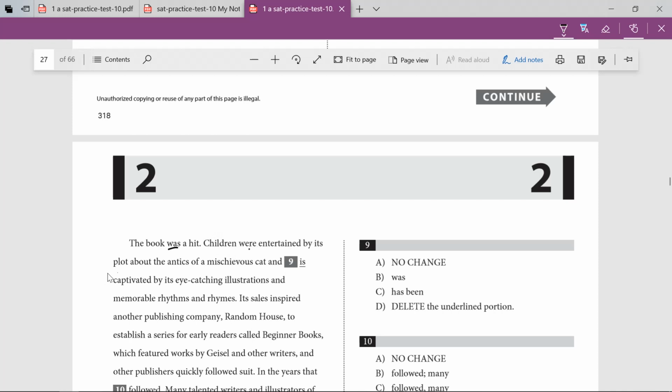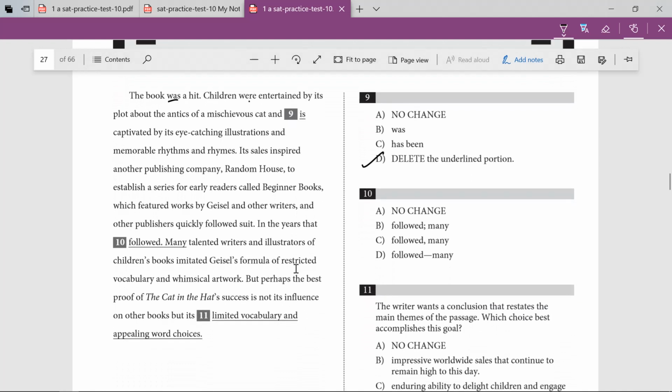They were entertained by its plot about the antics of a mischievous cat, and captivated by its. So these are two different things. Was, has been do not make sense, so I'll delete them. And captivated by its eye-catching, so it's like a parallel structure. Were entertained by and captivated by, so that makes sense. I'll delete this.